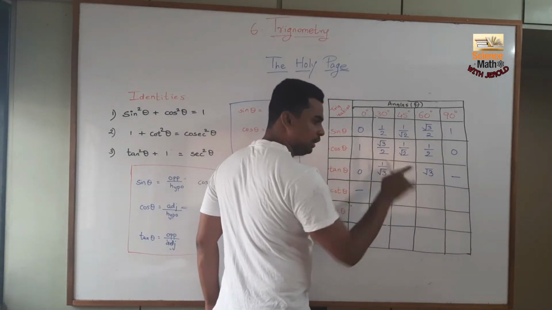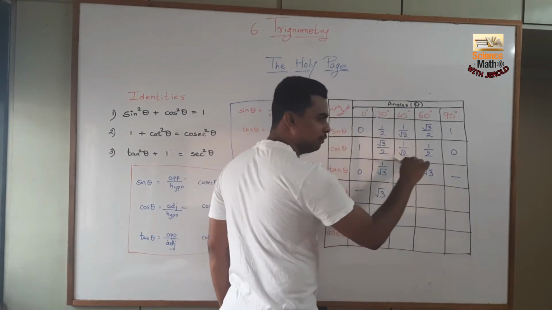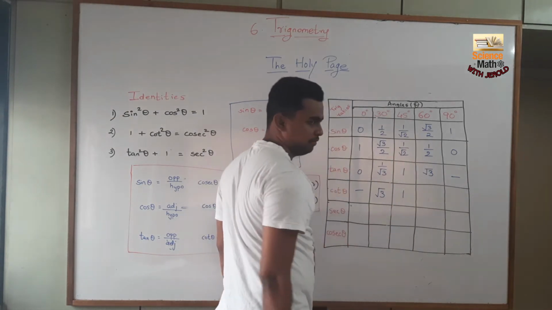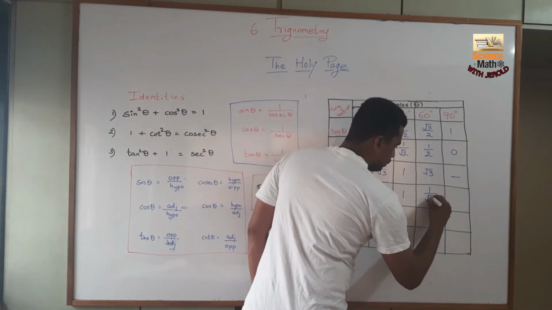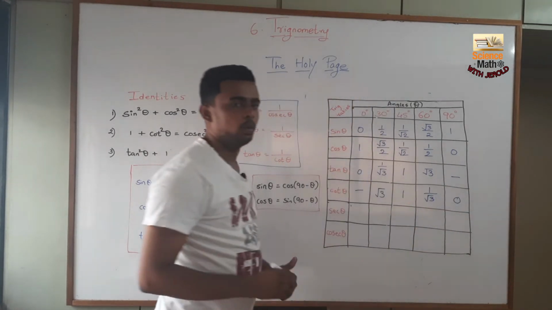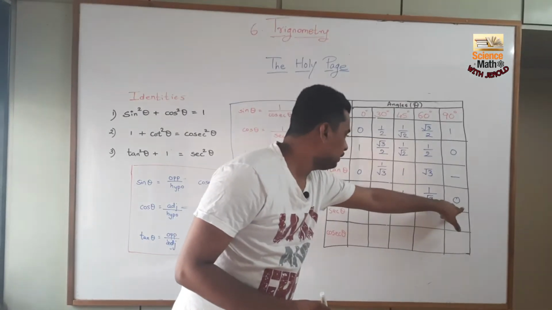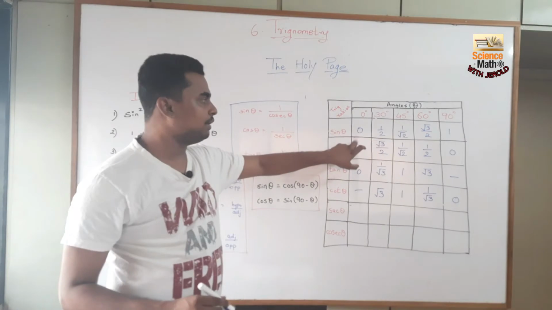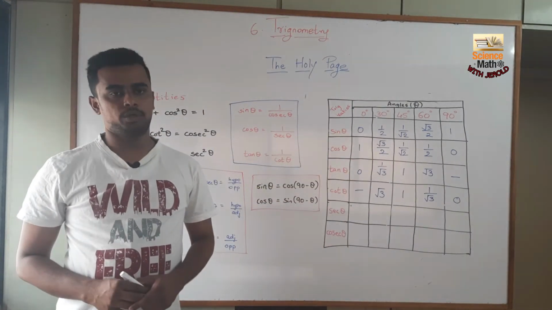Then 1 upon root 3 inverted, I will get root 3. 1 inverted, again I will have 1 itself. Root 3 when inverted, I will get 1 upon root 3. And then this when inverted, I will get 0. If you see, tan is written in this form and cot is written in this form. Just like we did for sine and cos, similarly we did for tan and cot.